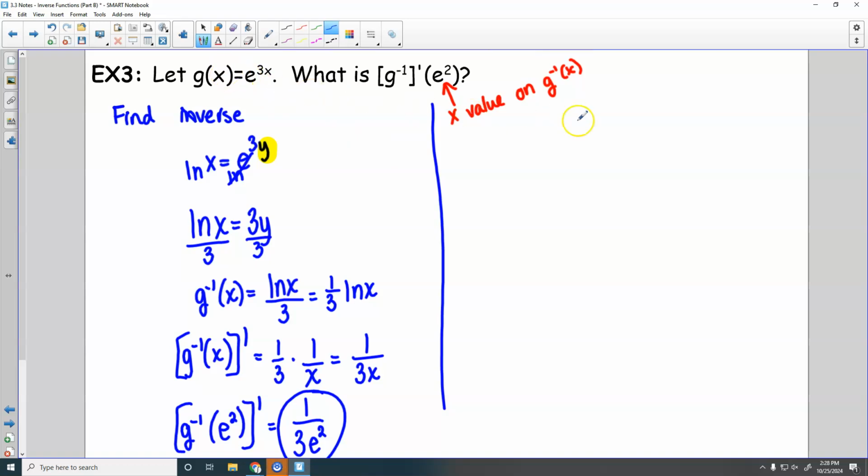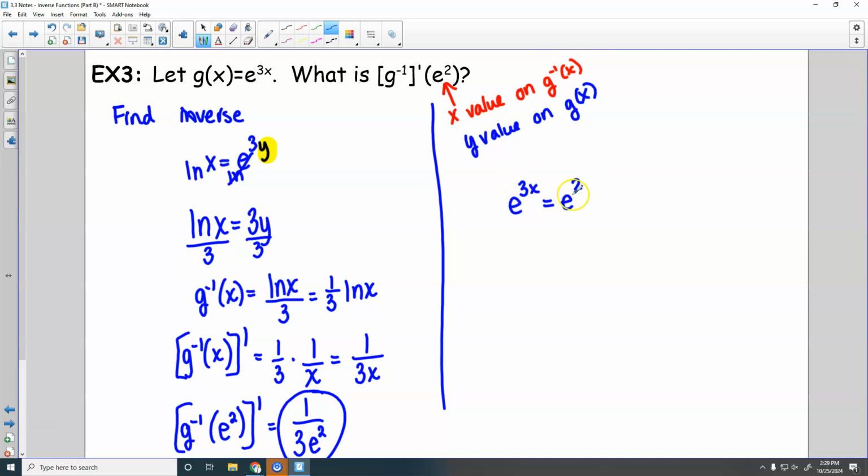So it is the y value on g of x. So what we can do is we can take g of x, and we know that we're getting e to the 3x, and the y value ends up being e squared. This is a little confusing here because it's not a number right here, right?